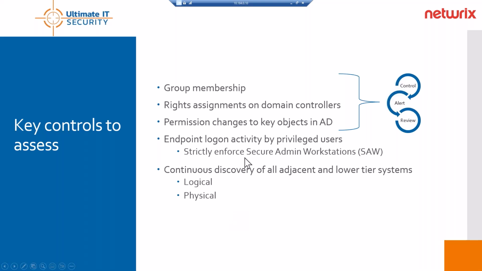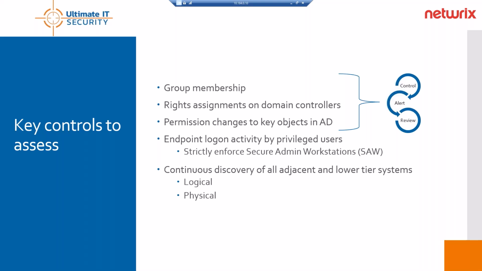So getting control of all of this. Well, going back to the core functionality within AD, remember there's basically three main ways that you can get admin authority through core AD Windows functionality, and that's group membership, rights assignments on domain controllers, and then permission to the right object, the right permissions to the right object within Active Directory.